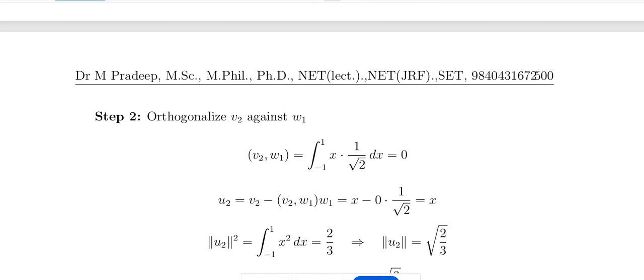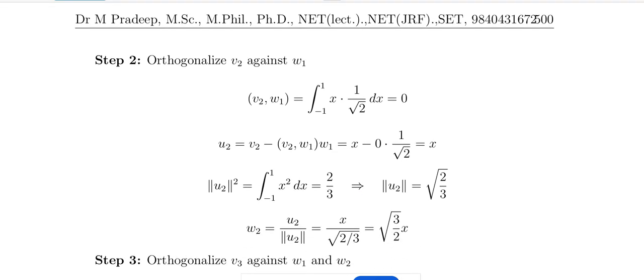The same way we construct w2. We orthogonalize v2 against w1, that is the inner product of v2 comma w1. v2 is x, and w1 we just found is 1 by root 2. Multiplying both, 1 by root 2 can be taken outside, and we integrate x to get x square by 2 with limits minus 1 to 1.